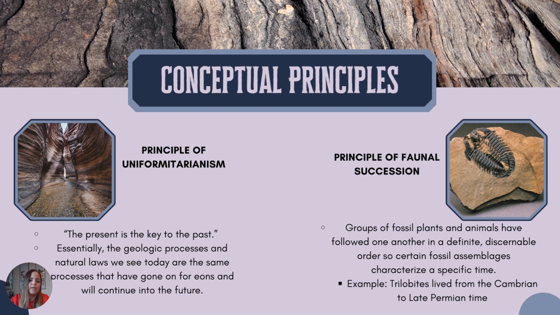So if you have a trilobite in the sample you're looking at, you will likely know that that rock formed sometime in the Cambrian to late Permian time because the specimen had to exist during that time. It couldn't be much older and it couldn't be younger, right? You needed the trilobite to die quickly and be covered with sediment quickly, so the age of the fossil and the sediment are likely around the same age.